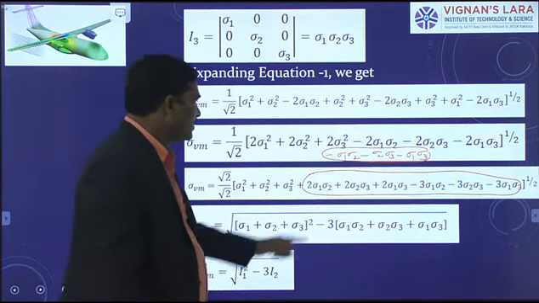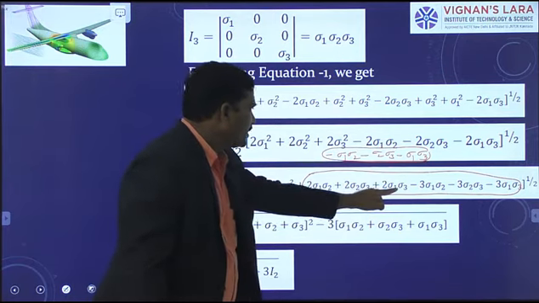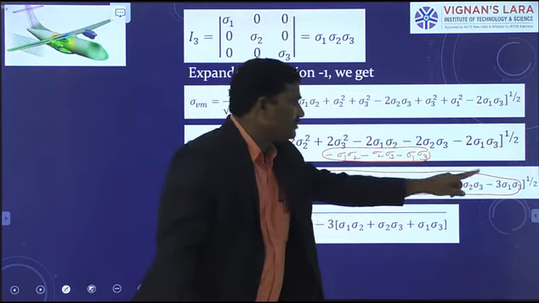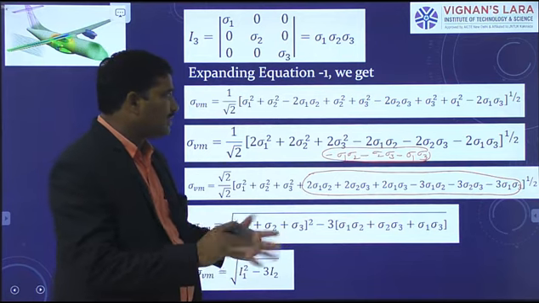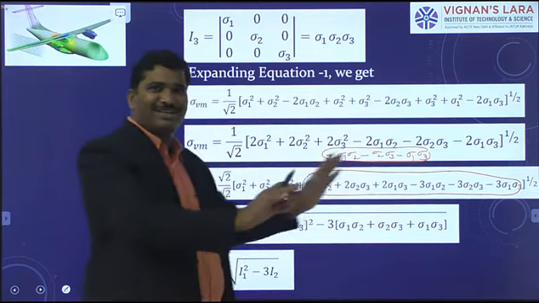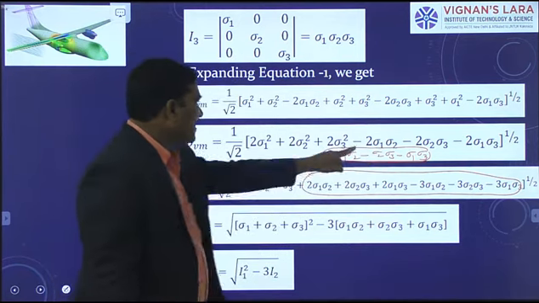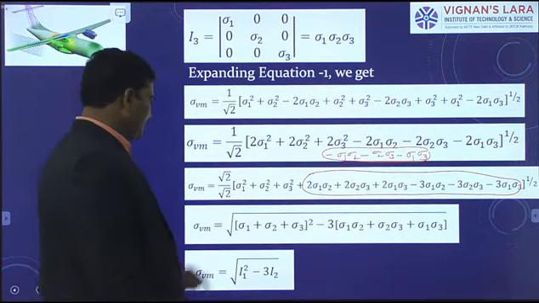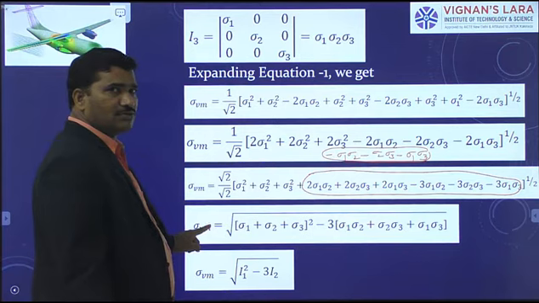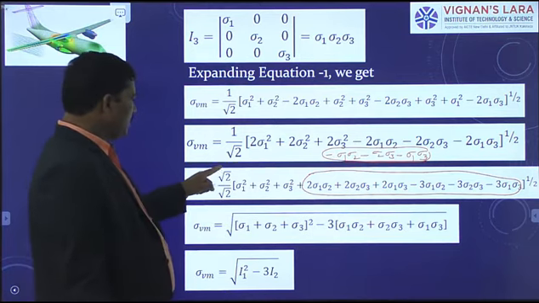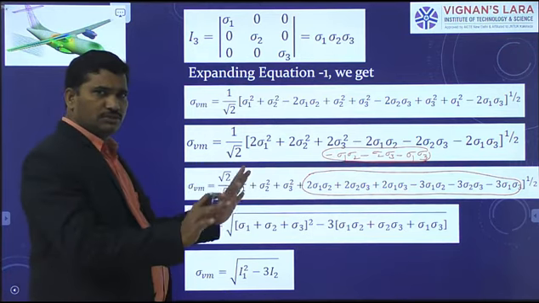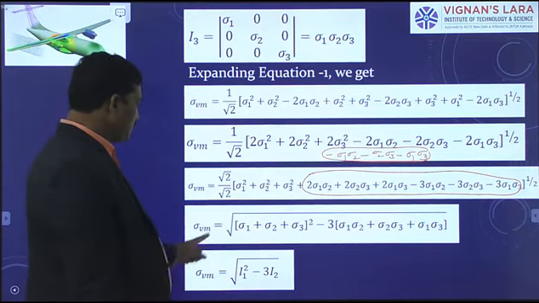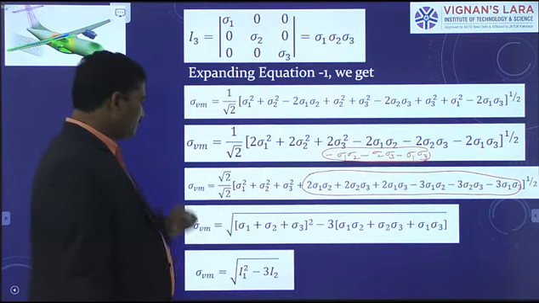No change. Next, plus 2 sigma 1 sigma 3 minus 3 sigma 1 sigma 3, you get minus sigma 1 sigma 3. There is no change. Therefore, in place of this, I write like this. Von Mises stress equals, see here, root 2 by root 2. Both get cancelled with each other, and you get 1 as the quotient.